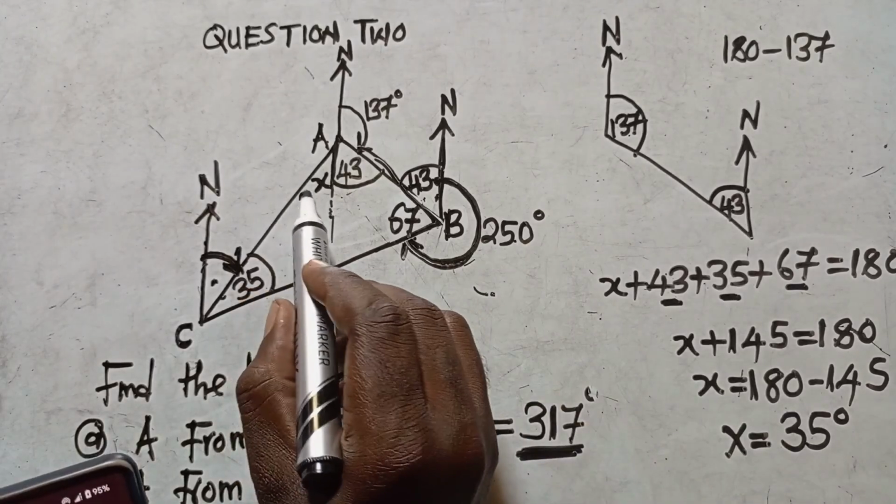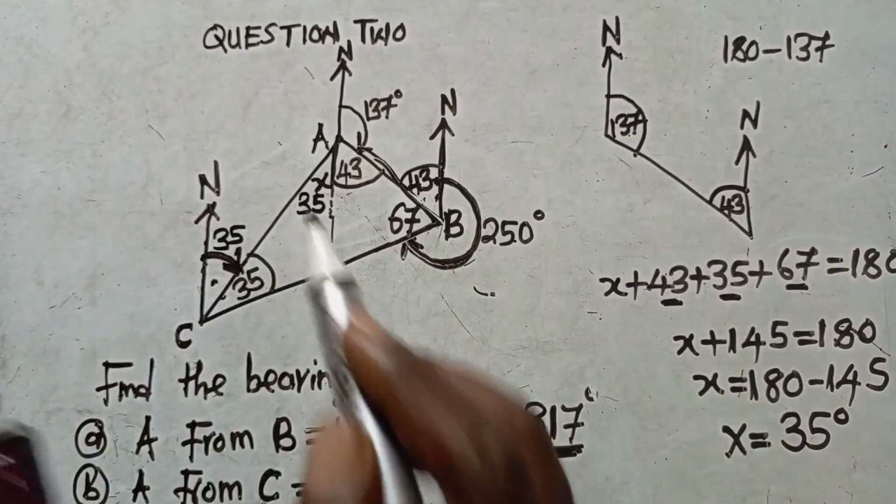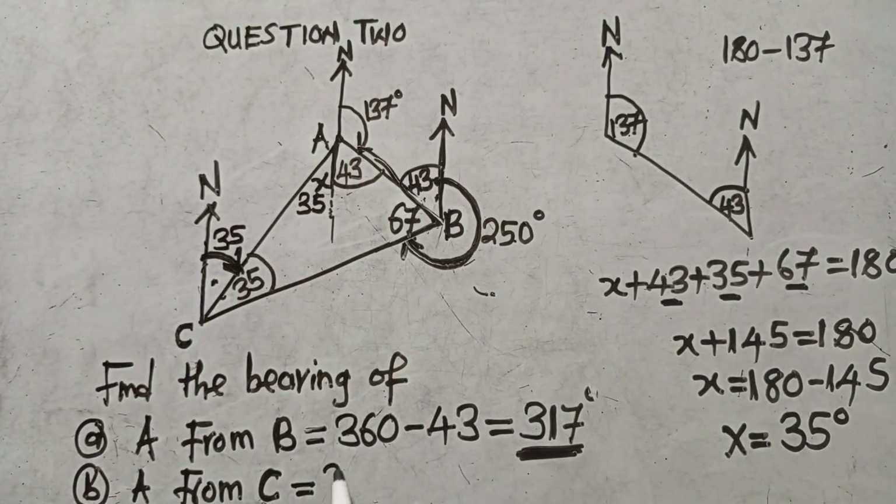So here we've got 35. Even here we are going to have 35. So the answer to this particular question is just 35 degrees. You are done. This is how you are supposed to answer questions in an exam. The same way I'm answering them, these are methods you are supposed to put in place, and this is what you need to understand.